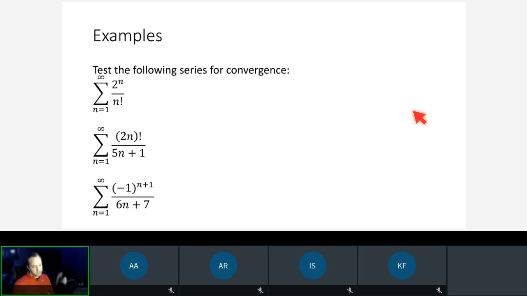That's what you would do if the directions didn't say we're testing for convergence. We're not trying to find the sum, we're trying to determine the convergence: being convergent, non-convergent, or inconclusive. So you have to make sure you read the directions.